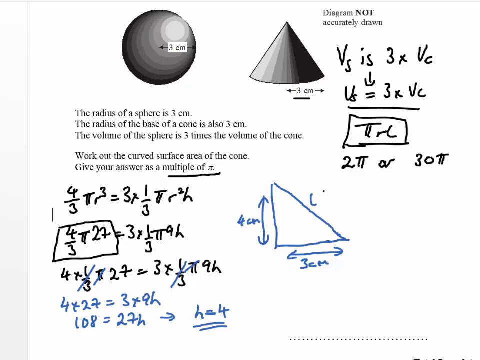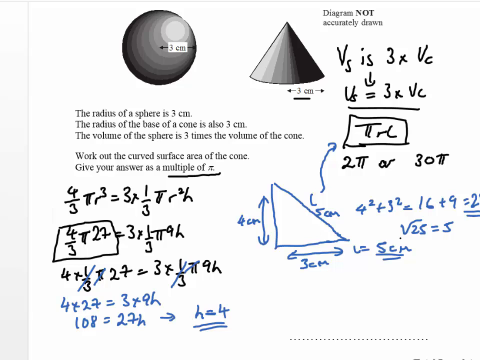Because we need to plug l into here to solve the problem. You should know Pythagoras just like in the previous question. 4 squared plus 3 squared will give me 16 plus 9, which is 25. I'm going to take the square root of that, and that's going to give me 5. So l is equal to 5 centimeters.